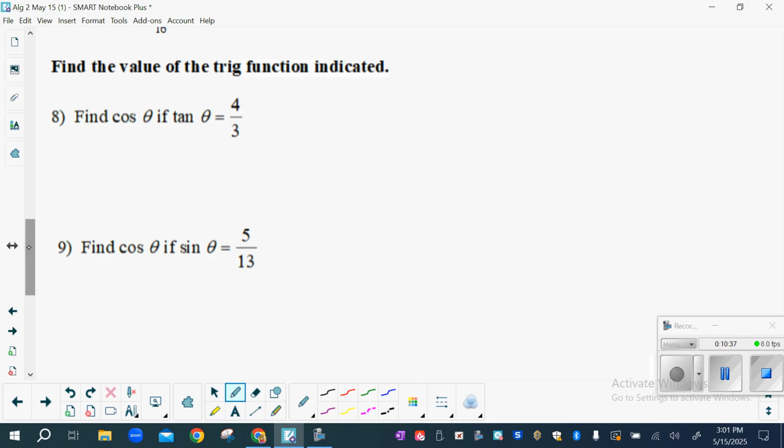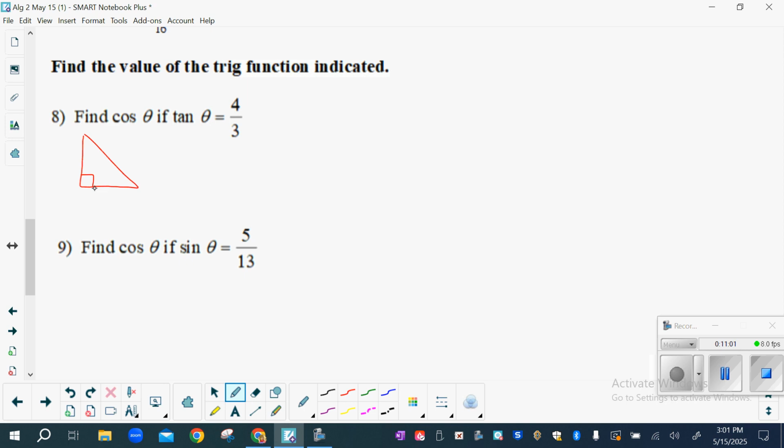Okay, number 8. Were you still looking at number 6? Okay, so this may be something that you have not seen. We want to find cosine theta if tan theta is 4/3. So no triangle is drawn for us, so we have to draw the triangle. We're going to draw a right triangle. Put the right angle down.